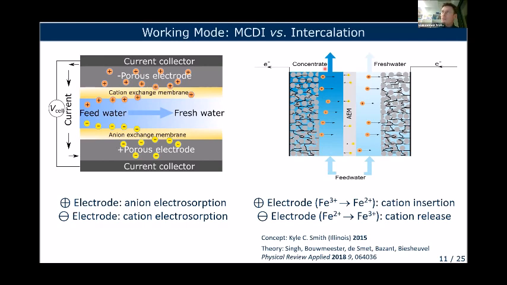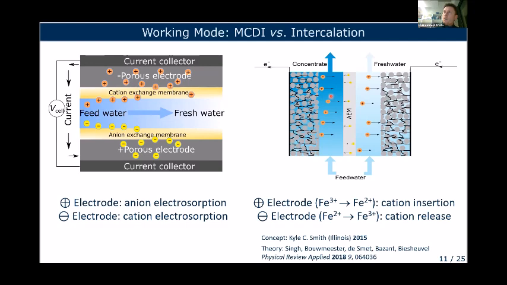So you have one chamber, one stream of water that you desalinate because there's uptake, or intercalation, of cations into the electrodes. But at the other electrode, there is the release of ions that were already bound onto the electrode into the water. And that makes it very energy efficient, as we will see in a minute.